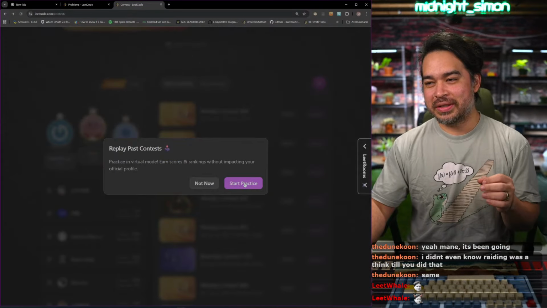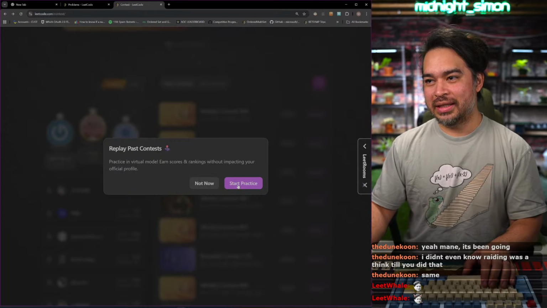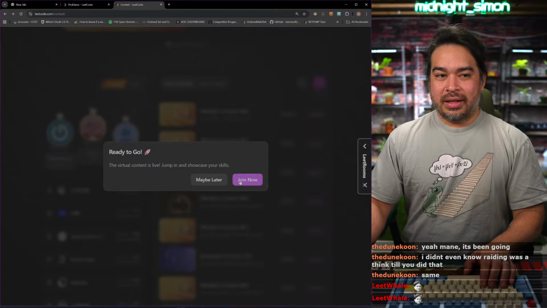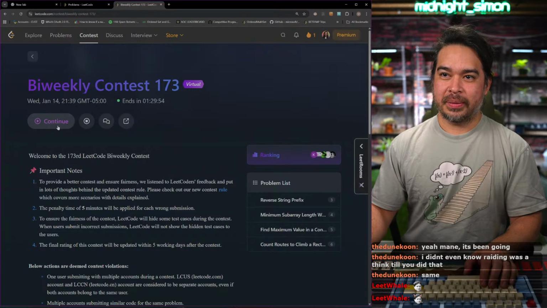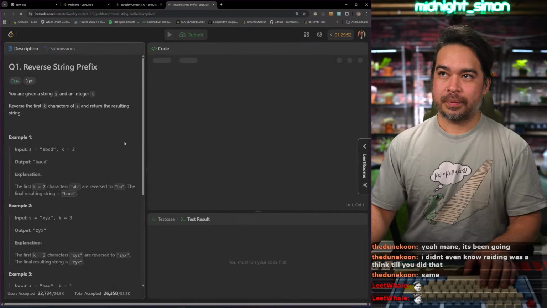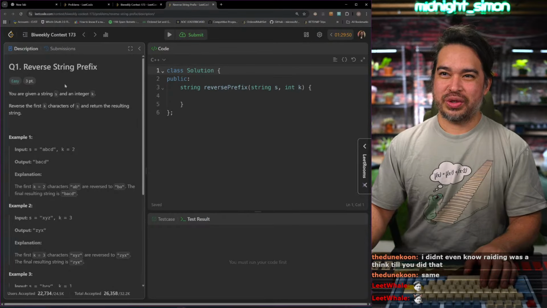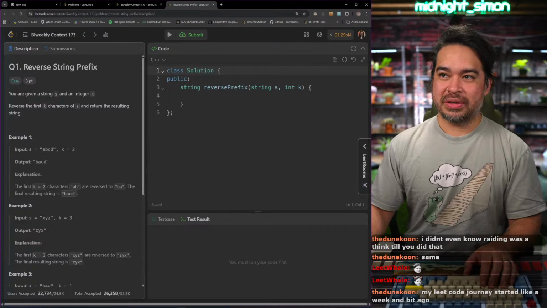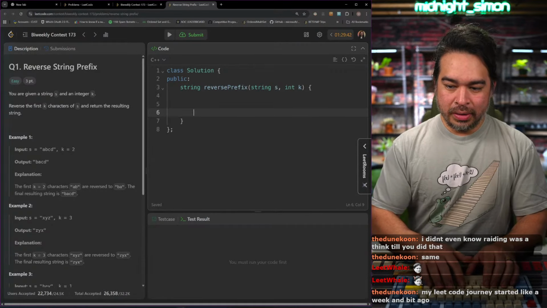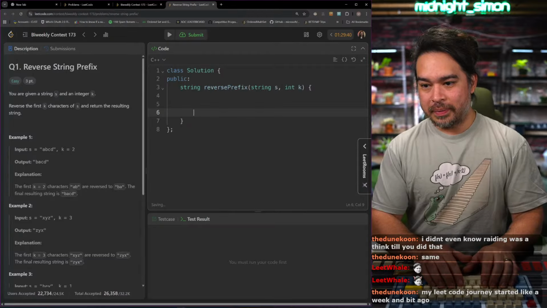Alright, let's do this virtual contest. Bi-weekly. Reverse string prefix. Given a string S and an integer K, reverse the first K characters of S and return the resulting string. Oh, shit.